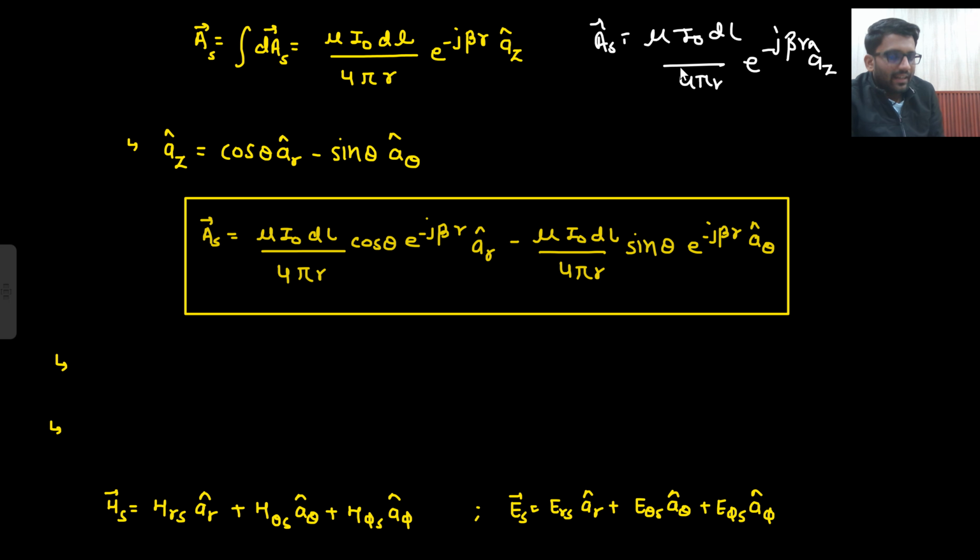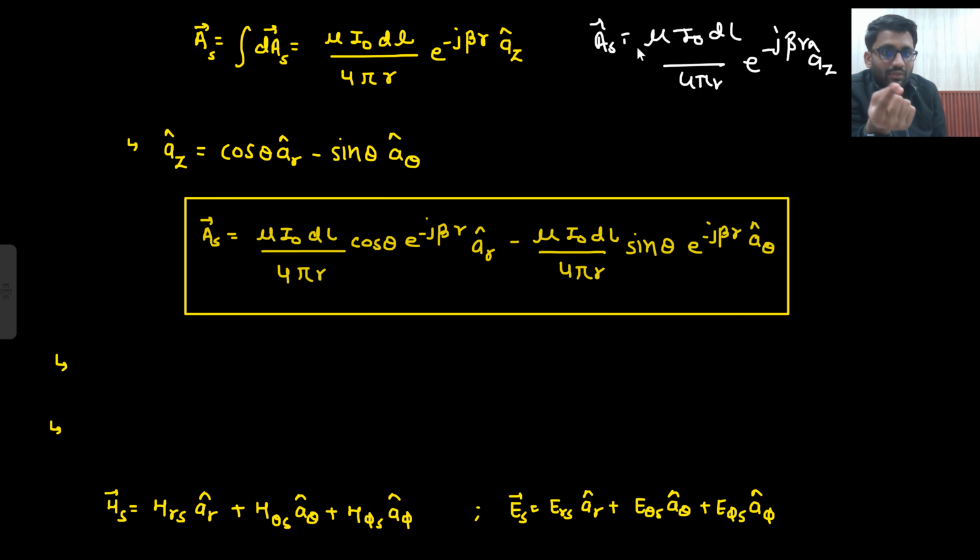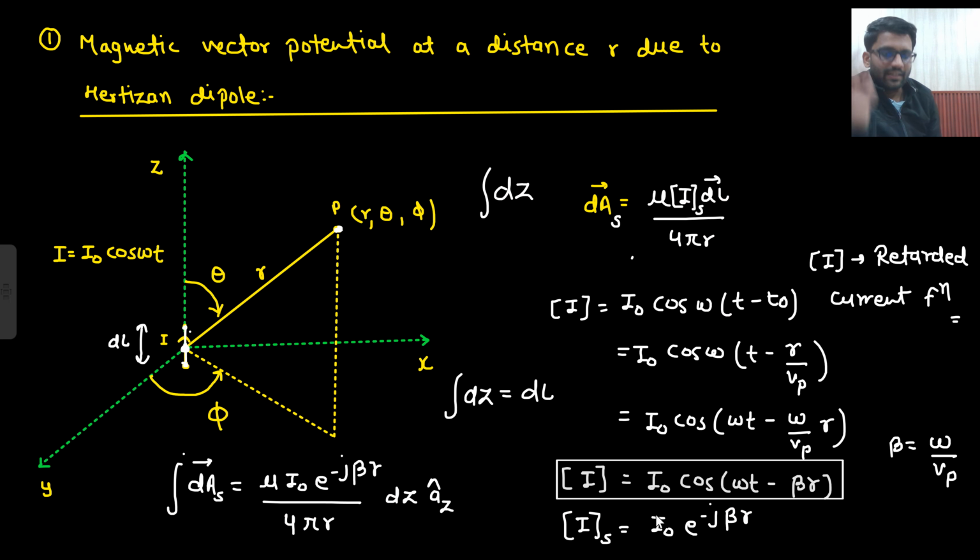So now it feels like that dl has to be integrated. No, dl is the length that you are getting after the integration, because the length of the complete Hertzian dipole is dl only. So this is not the expression of dA_S, this is the expression of A_S only. This dl is the complete length. This dl is not the small length that you have taken. The small length that you have taken is dz, and when you integrate that dz, you are getting dl.